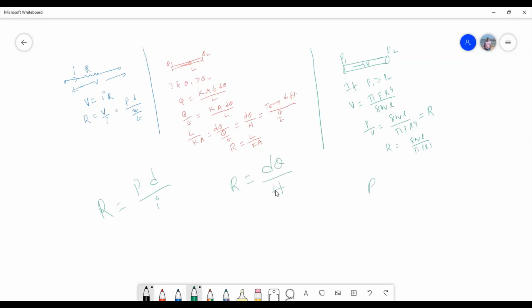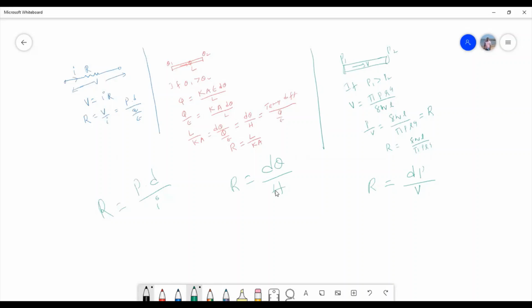And here R is nothing but the pressure difference by the rate of volume flow, that means volume of liquid flowing per second. So when there is a potential difference, the current flows. When there is a temperature difference, heat flows. When there is a pressure difference, fluid will flow through this. So here this resistance will oppose the flow of current. Here it opposes the flow of heat energy. This opposes the flow of a fluid through a pipe.